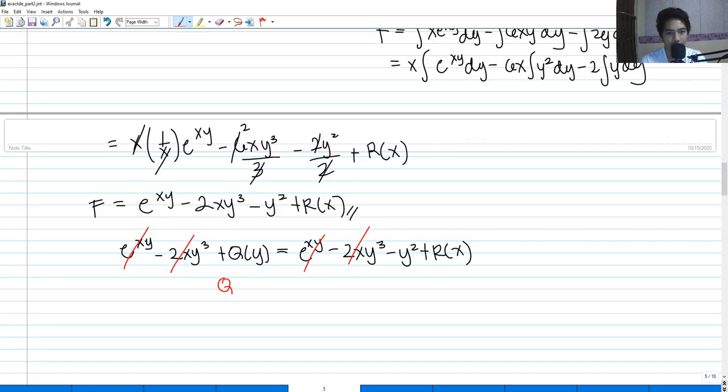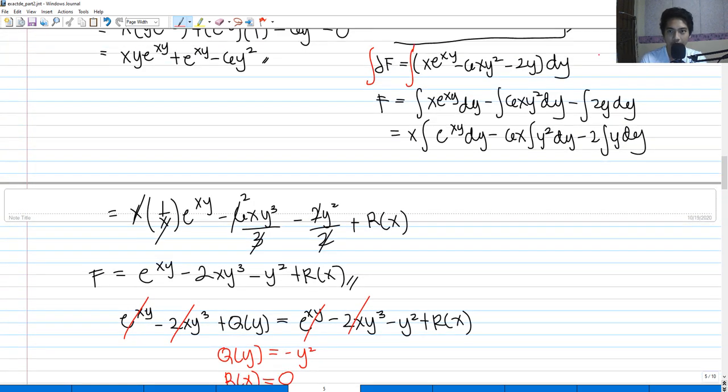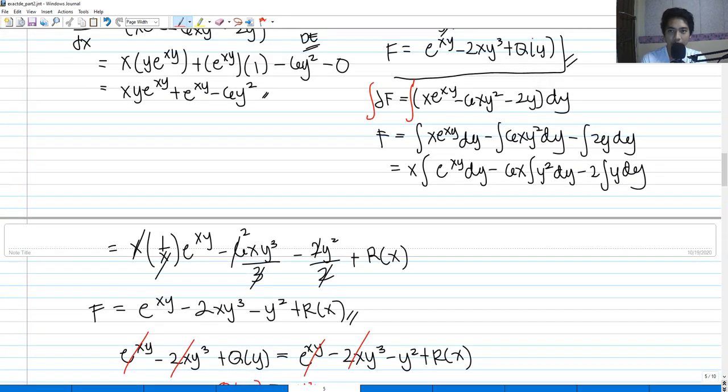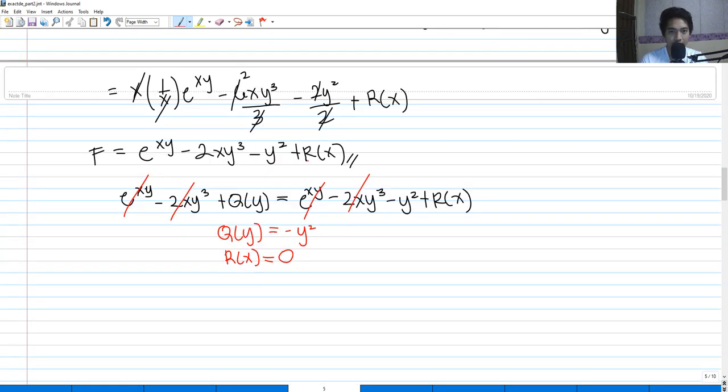As you can see, we can determine them. The value of q of y would be negative y squared, because this is the term on the other side of the equation containing purely y. And r of x, do we see anything here? None. So we can pick an answer by using the values of q of y or r of x. In this case, since r of x is 0, this must be the answer.